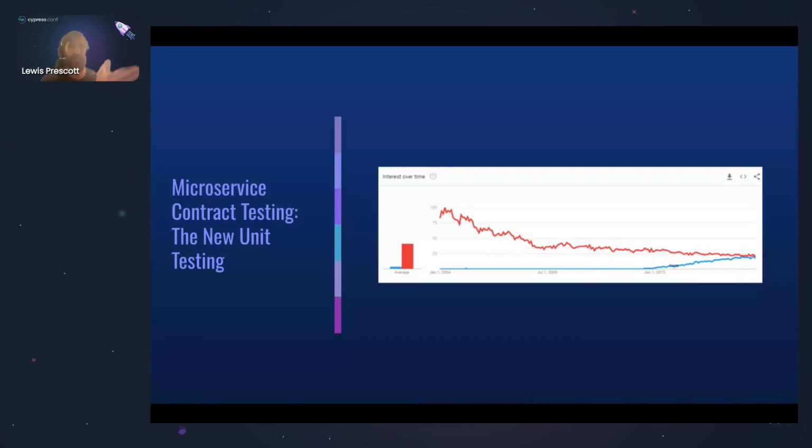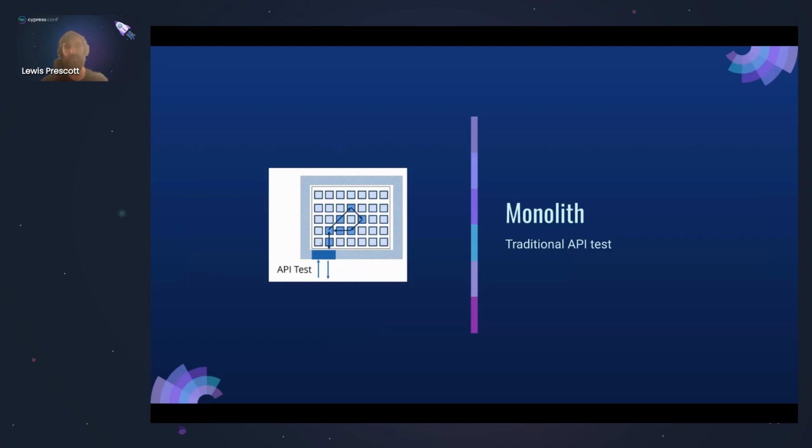So yeah, as I said, a bit of background behind what we're talking about. The introduction of microservices, lots of people moving to a much more distributed systems world, and the article that this came from coined it the new unit testing. Not sure we go that far, but it's definitely working in that world where you've got distributed systems of microservices. Contract testing really helps you in that environment where you've got lots and lots of different services that you're interacting with.